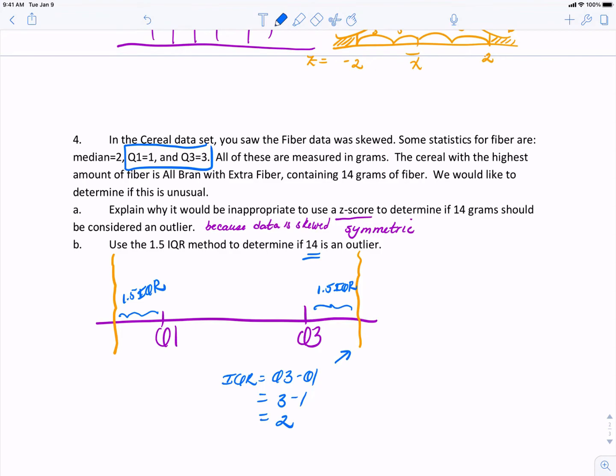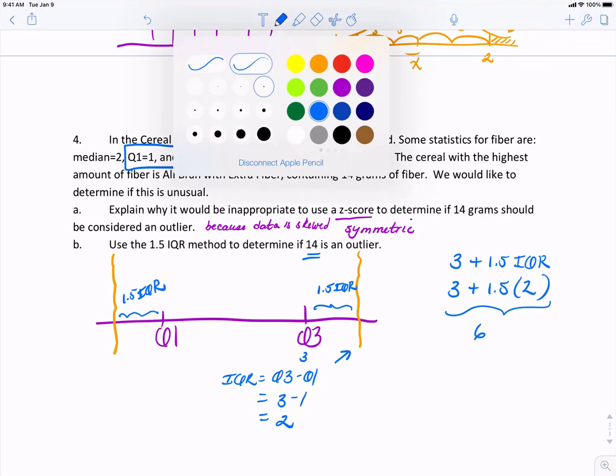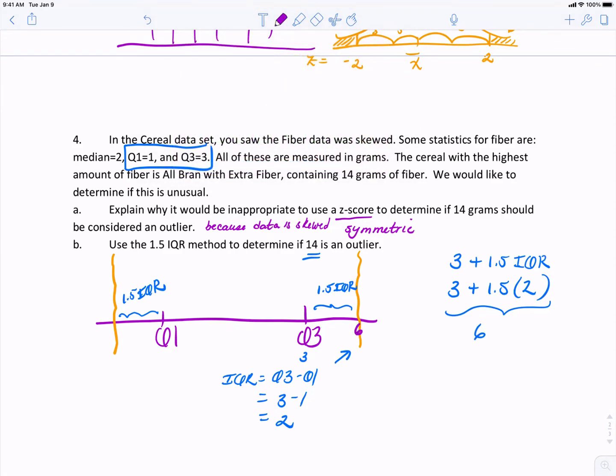So where is this fence located? Q3, remember, is 3. So we're going to take 3 plus 1.5 IQRs. In other words, 3 plus 1.5 times 2. If you work this out, you can use a calculator if you'd like. That comes out to be 6. So the location of this upper fence is the number 6.